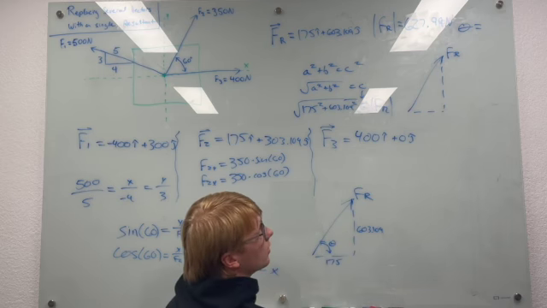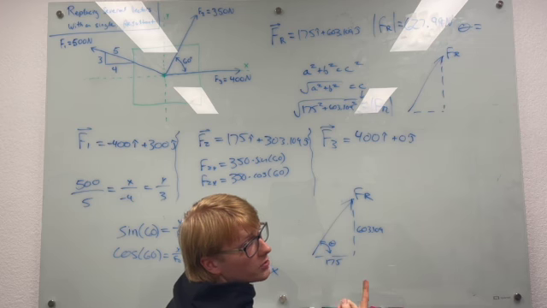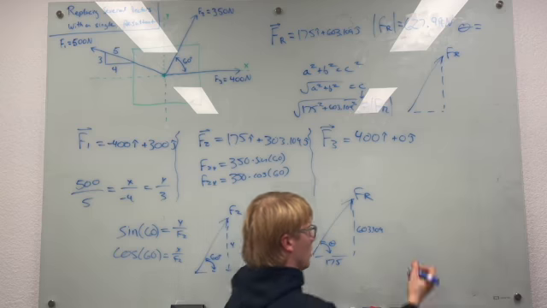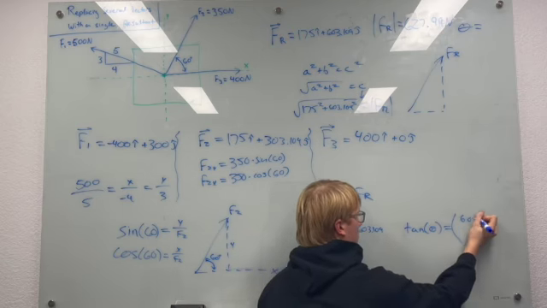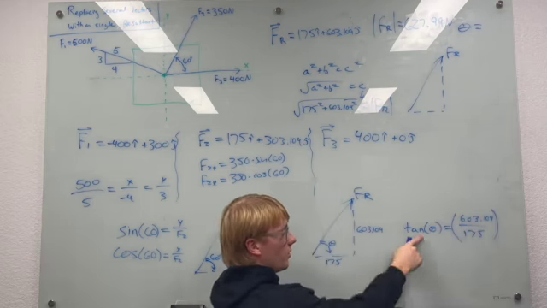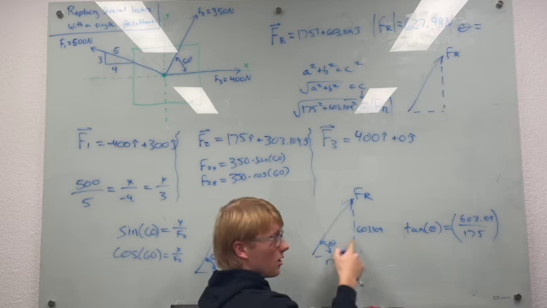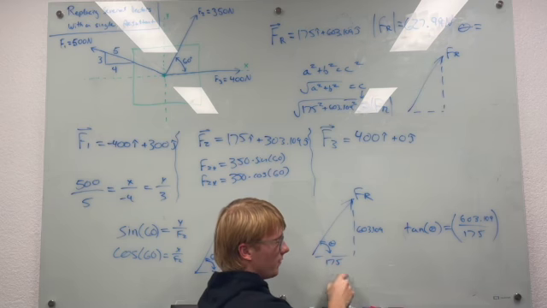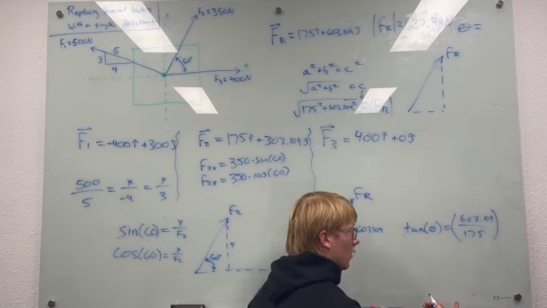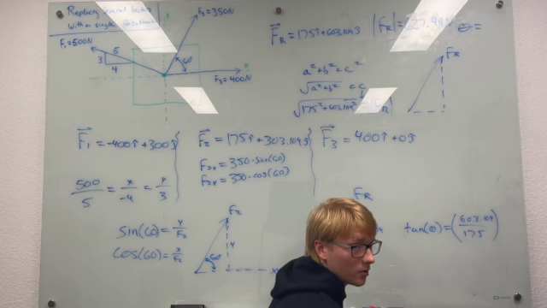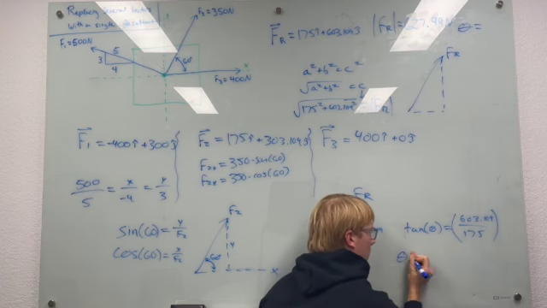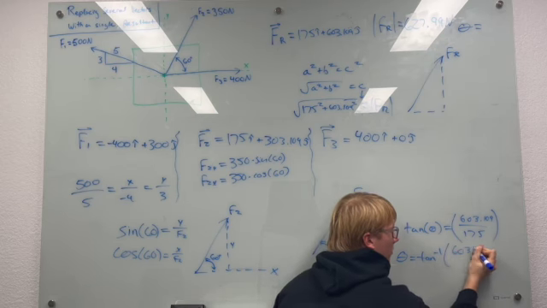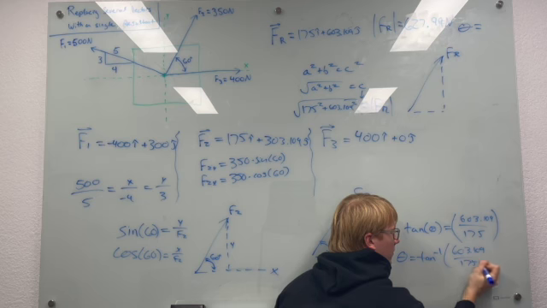Theta is just a Greek letter, and we use it as a variable for angles. So what I wrote here is the tan of theta, opposite over adjacent, is 603.109 over 175. And so what we need to find is theta. We have one equation, one variable. So theta is going to be equal to the inverse tangent of 603.109 over 175.